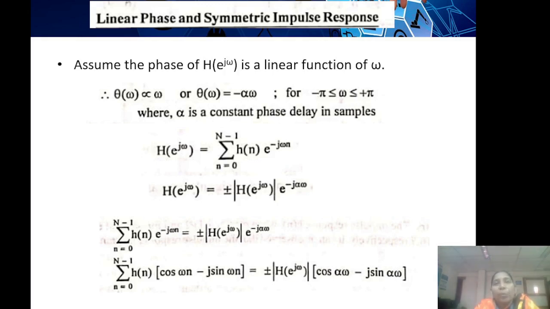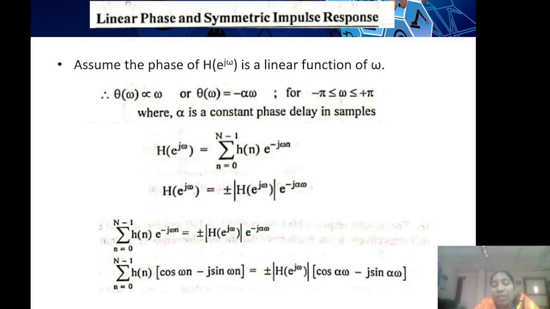Now again we are going to take the frequency response equation, which is given by h of e power j omega equal to summation n equal to 0 to N minus 1 h of n into e power minus j omega n. In this frequency response we have expressed magnitude function as well as phase.